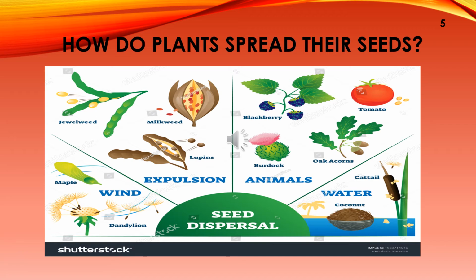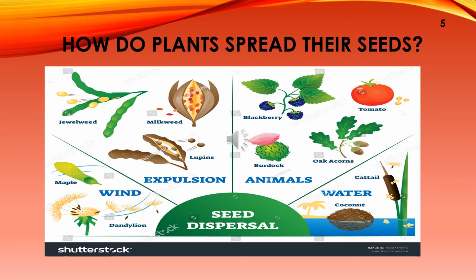So that's how plants spread their seed. By wind, like the dandelion and the sycamore, expulsion like the pea, by animals like the blackberry, and by water like the coconut.